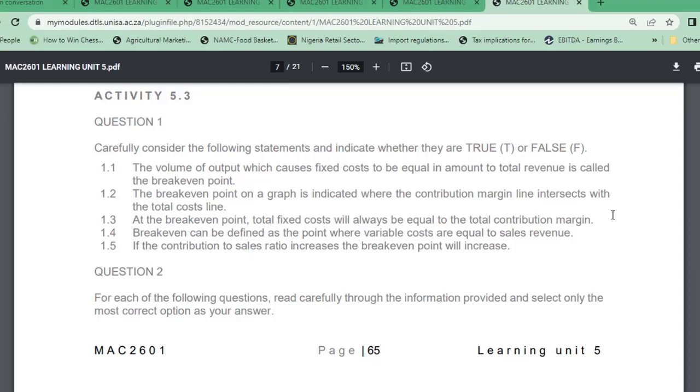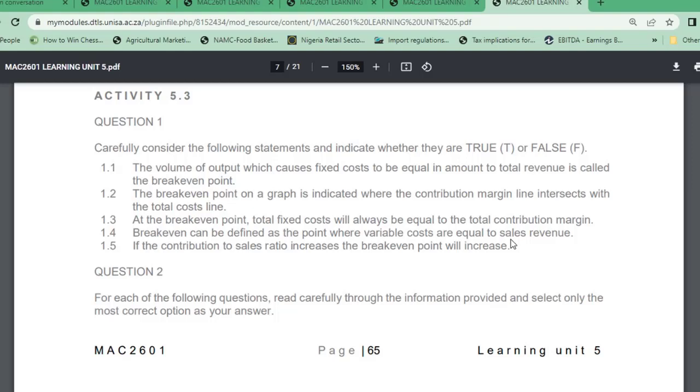Hence, the break-even point will be lower. Do you guys understand that one? So if your sales contribution increases, your break-even point will be lower because you will be able to cover your fixed cost with that larger contribution.